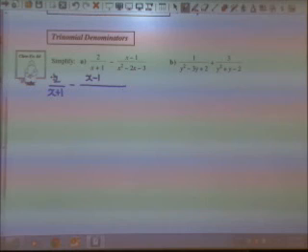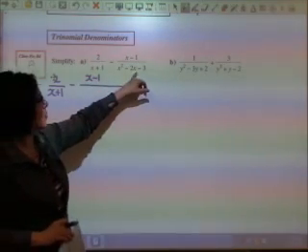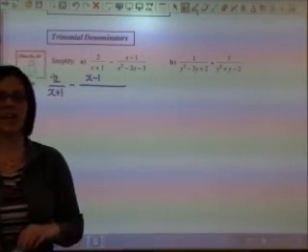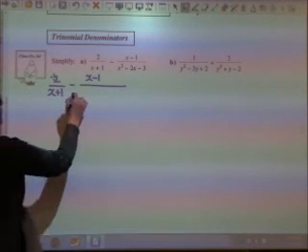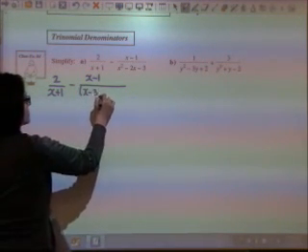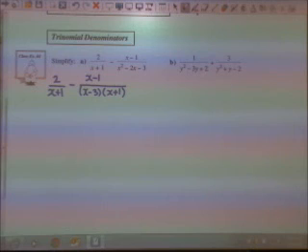But the bottom, being x squared minus 2x minus 3, I can factor. That's by inspection. Two numbers that multiply to give me a negative 3 and add to give me a negative 2. Negative 3 and 1. So now I have x minus 3 and x plus 1 as my denominator for that second expression.